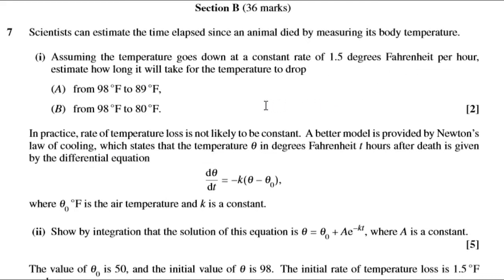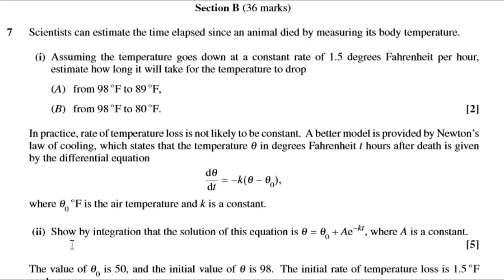Estimate how long it will take for the temperature to drop from that to that and that to that. So that is just a constant gradient function, which means the gradient is a constant decrease of 1.5, which is relatively simple to do.